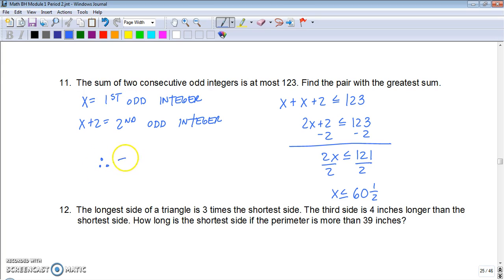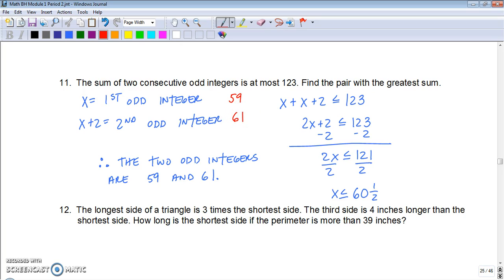So therefore, the two odd integers are 59 and 61. Because x would be 59, plus 2 would get me to the next odd integer, which would be 61.